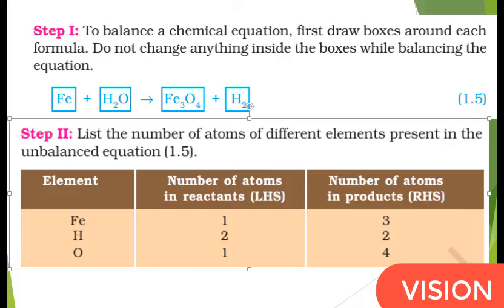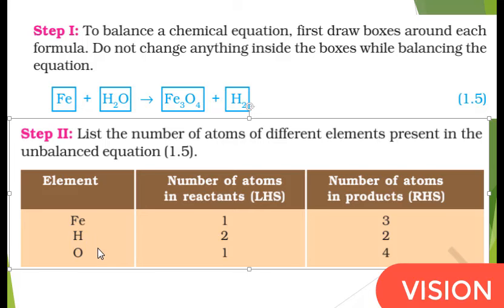This is step 1. Now let me move to step 2. We have drawn the square boxes for each molecule. Now we are listing the elements. We are creating a 3 column table. In this we are having 3 elements in the reactant side, written consecutively: iron, hydrogen, oxygen.